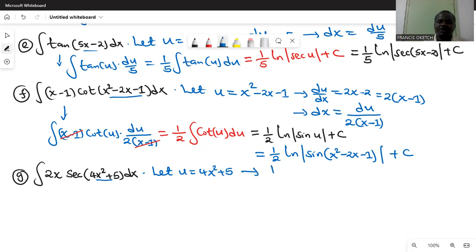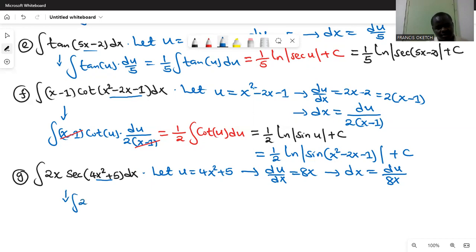When I differentiate, you get du dx equals 8x. Make dx the subject. That will give us du over 8x. So go back to your integral, substitute the u and the dx.